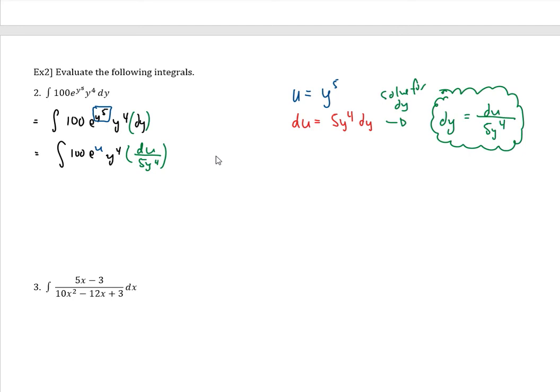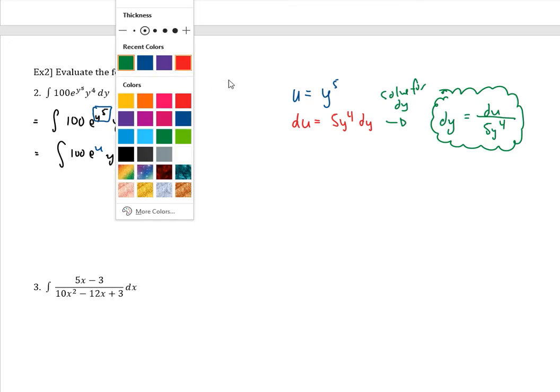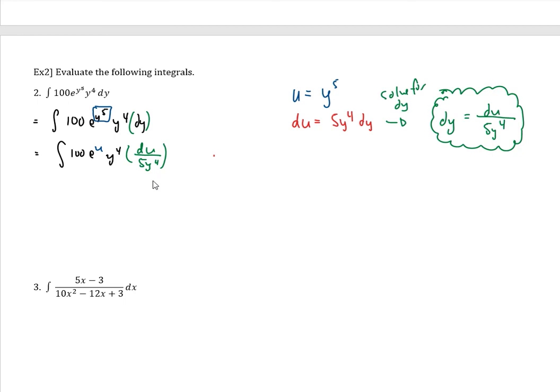Okay, and then at this point, I would want to simplify what I can in here. Eventually, notice we have a mixture of variables. Eventually, it should only be u variables. So we need only u as the variable.